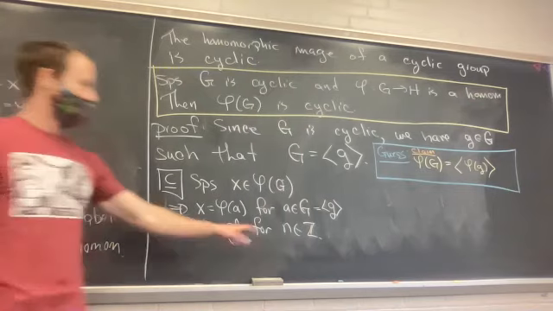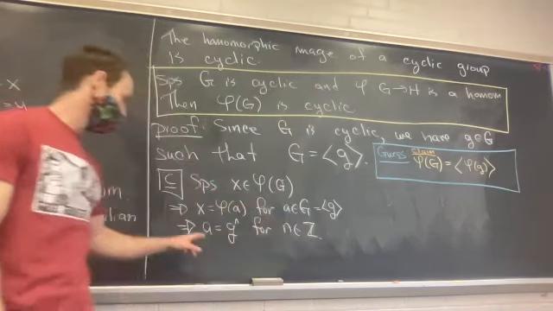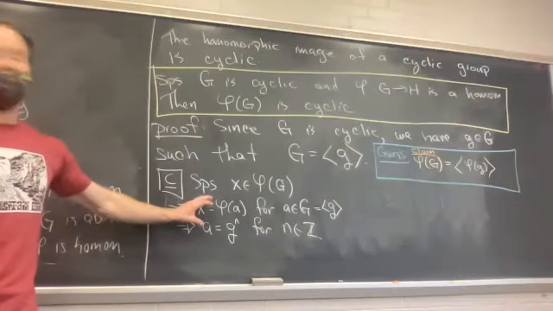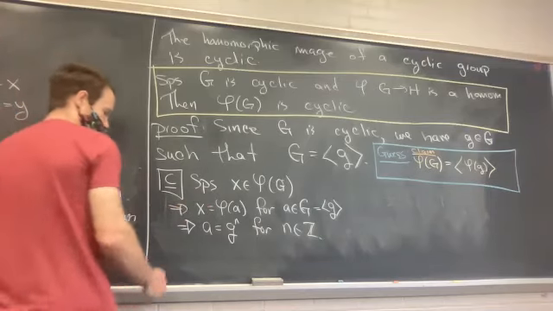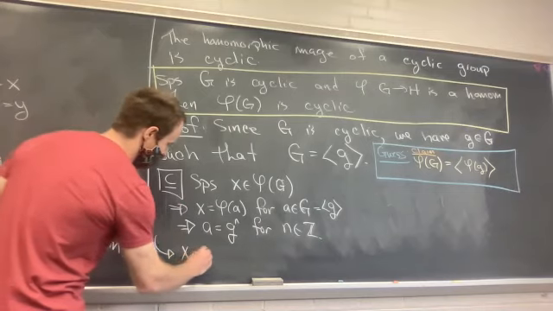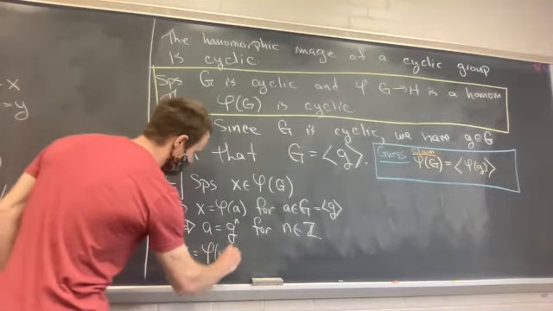Now we can just mash these two facts together. So mashing these two facts together gives us that x is equal to phi of g to the n.